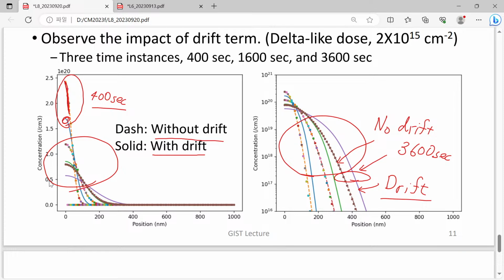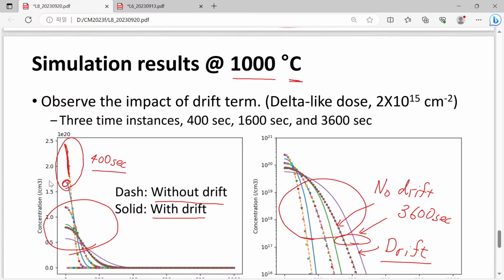In this case, the important point is that I intentionally increased the dose quite a lot, 100 times. I mean that if you have a low dose, you don't observe this kind of significant difference.